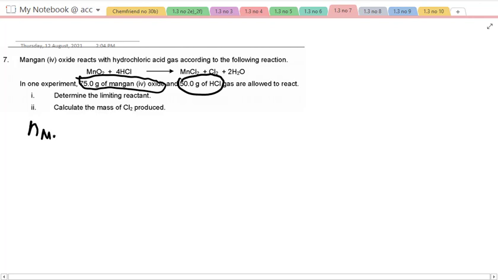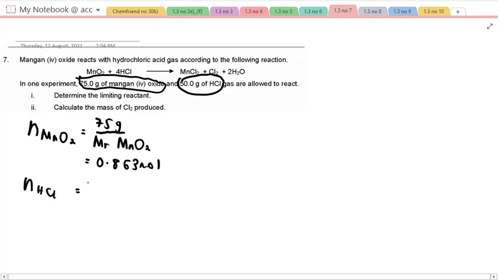Write MnO2 equals 75 gram divided by the molar mass of MnO2. The answer for MnO2 is 0.863 mole. How about the mole of HCl? The same goes. You are given 50 gram divided by the molar mass of HCl.